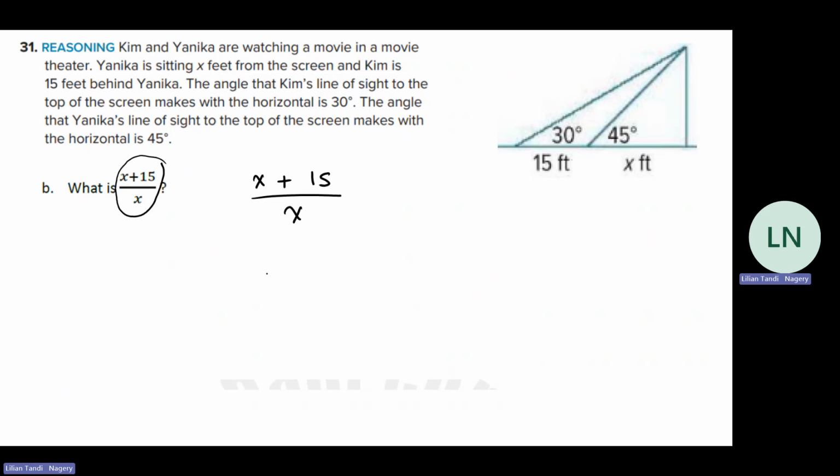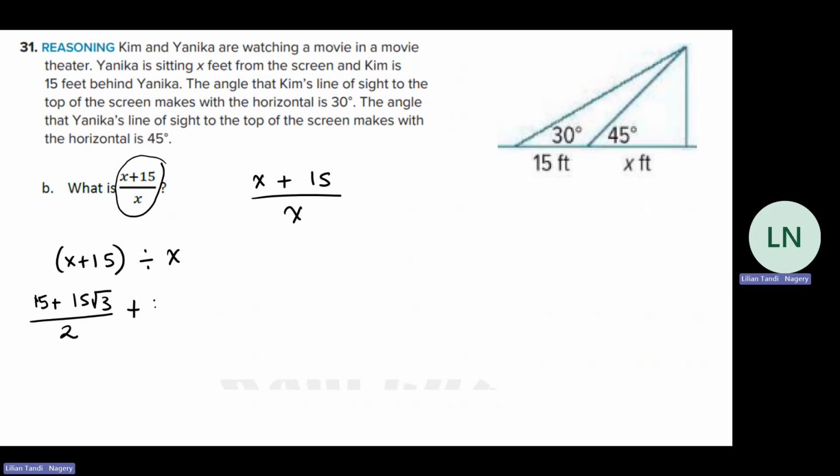I want to write this a different way. So this one is X plus 15 divided by X. We know that X is 15 plus 15 square root of 3 divided by 2.